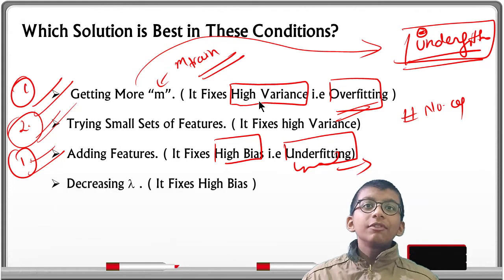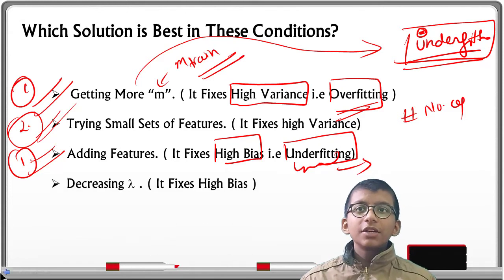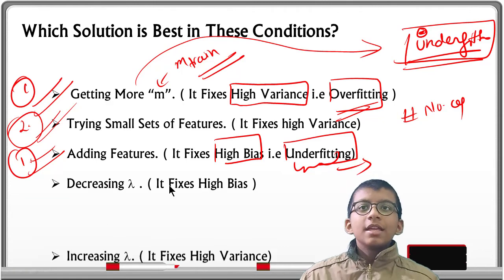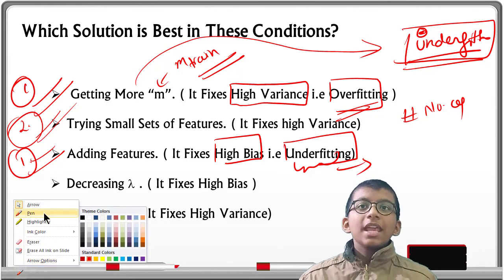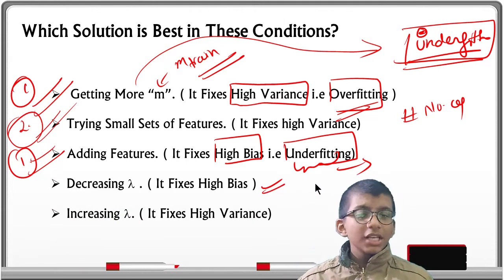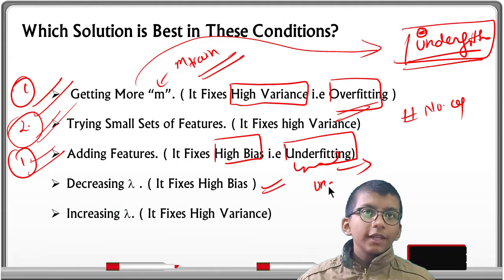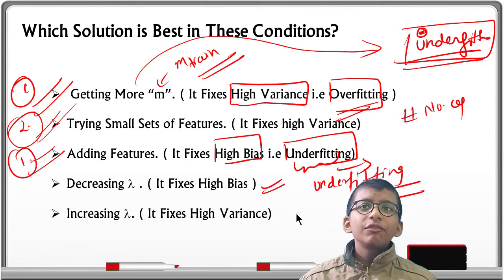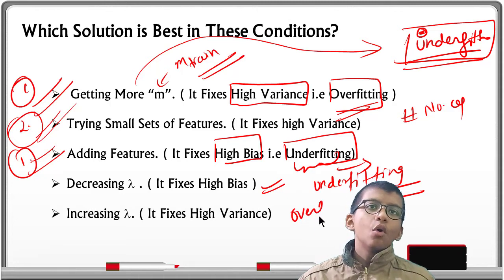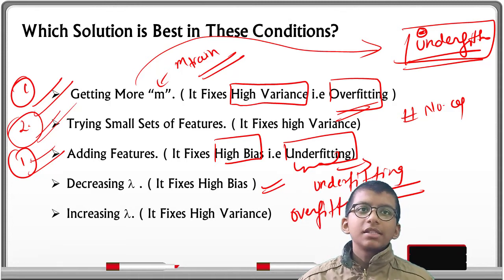Now, what helps if we decrease lambda, and if we increase lambda? Let's talk about this. If we decrease our lambda, it helps us fix the issue of underfitting, and if we increase lambda, it fixes our issue of overfitting or high variance.